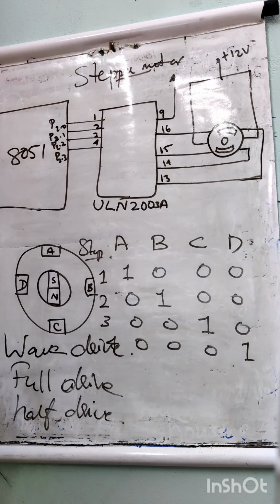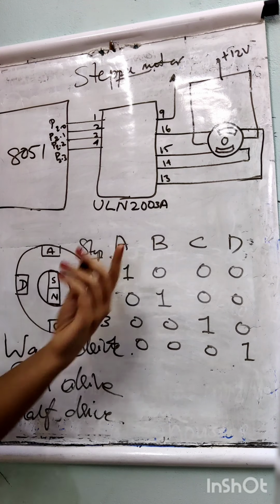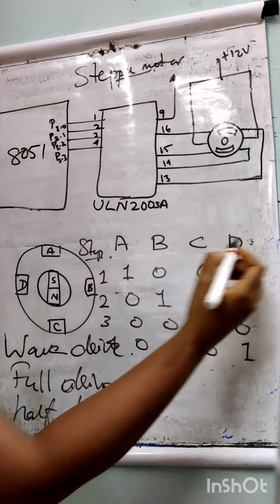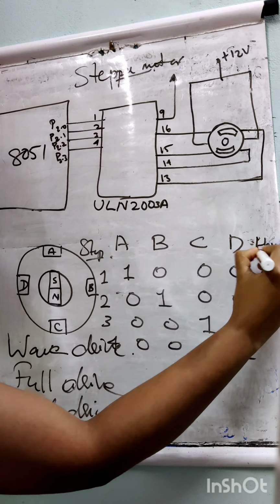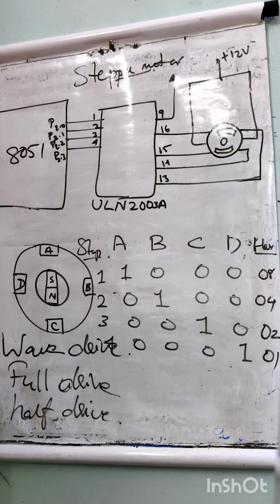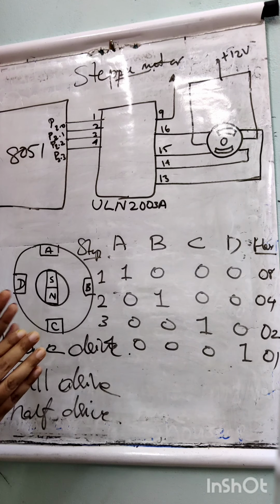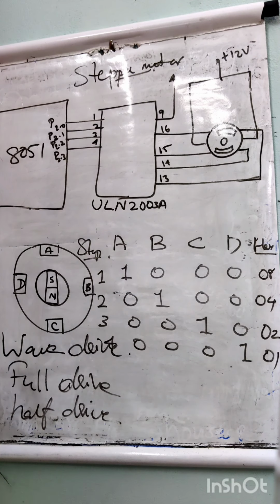This is how we energize the coils. What is the hex equivalent of these values? This is 08 hex, then 04, then 02, and then 01. These are the values which we are going to feed to the port.